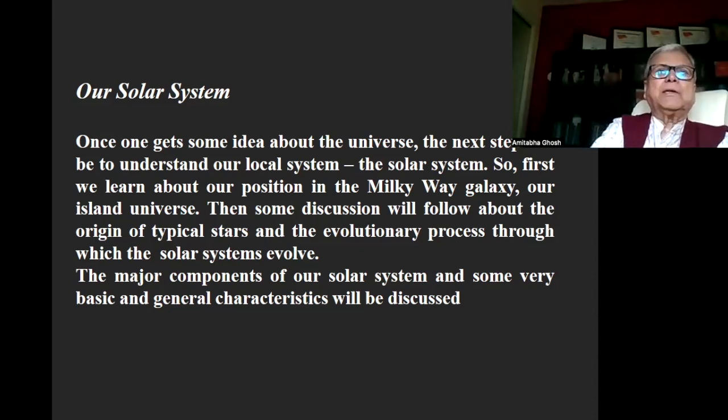We have to see that, because the elements and planets of our solar system have some basic, very well organized dynamic features, and to understand them we also have to understand how stars are born. The major components of our solar system and some very basic and general characteristics will be discussed.